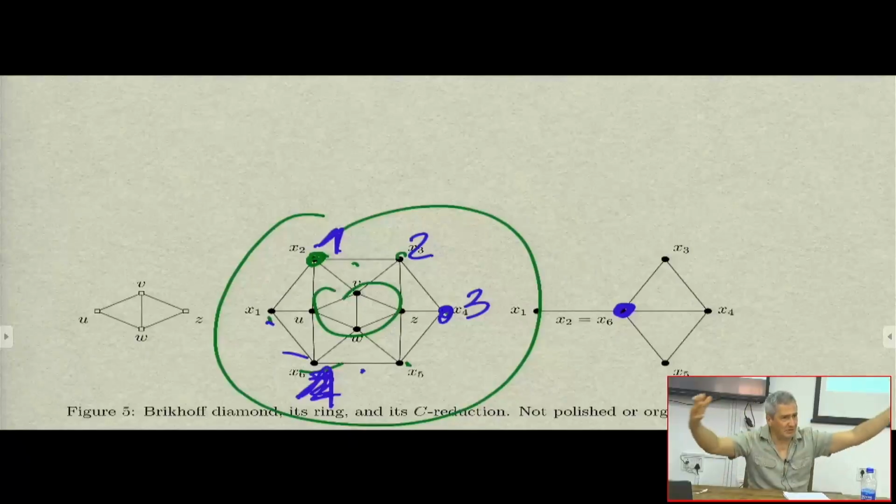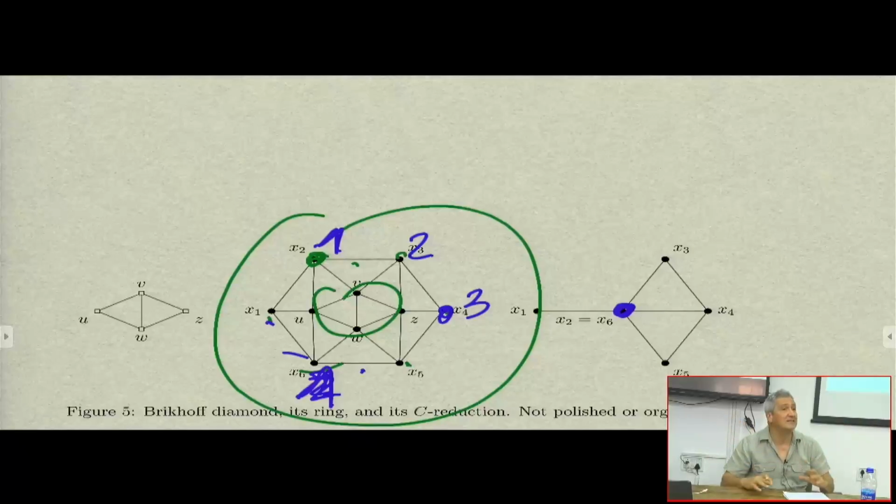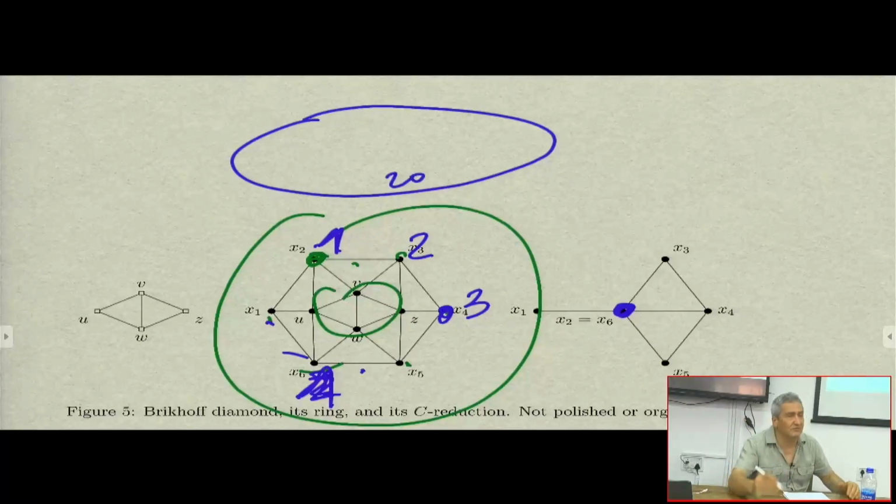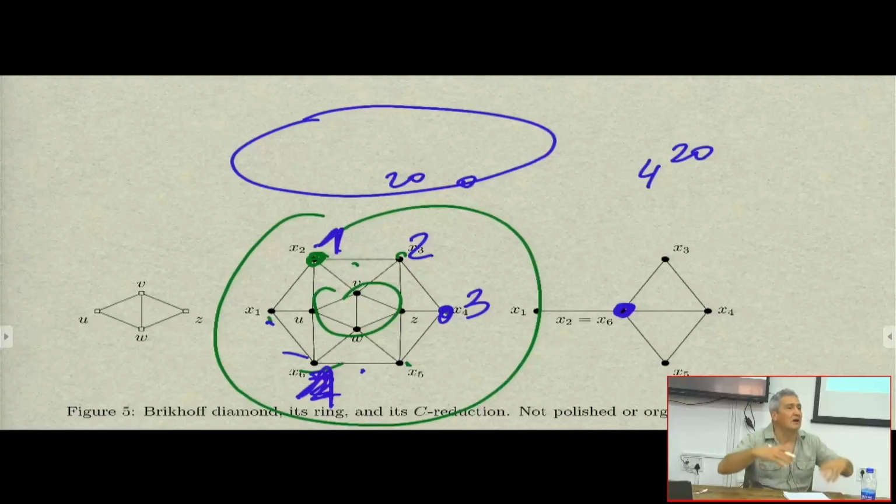But sometimes you can have not 4, you can have 4,000 possibilities. And for each of these you can try to check that the graph is colorable. Because if you have 20 vertices on the ring, if you don't use symmetry of colors, you have almost 4 to the 20 colorings.